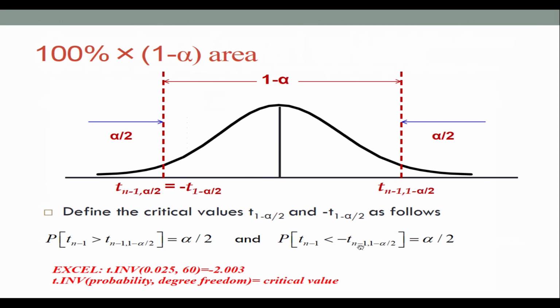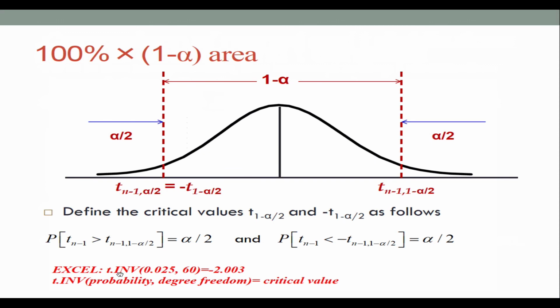And to find this critical value, you need to use this probability statement. We know that for a variable following a t distribution with n-1 degrees of freedom, the probability of it being greater than the critical value at probability 1 minus alpha over 2 is alpha over 2. This part is talking about the right tail, right? The area of this part is alpha over 2.